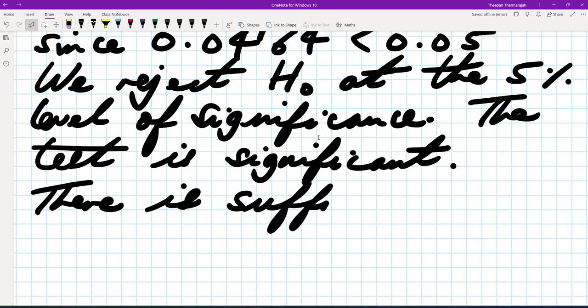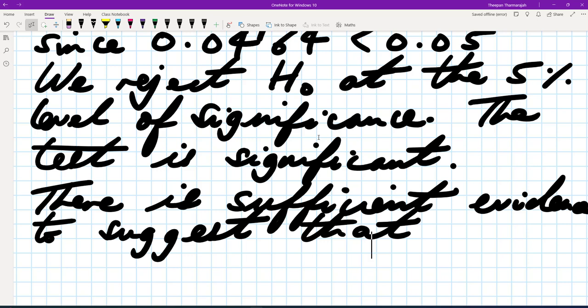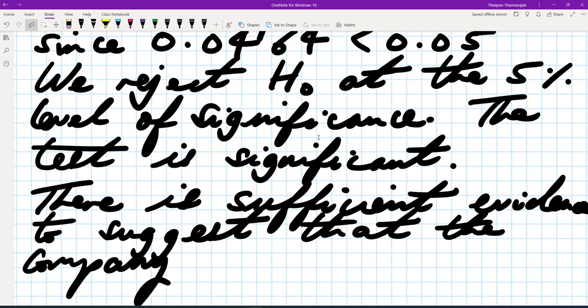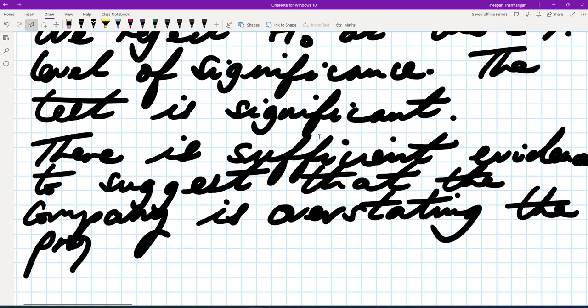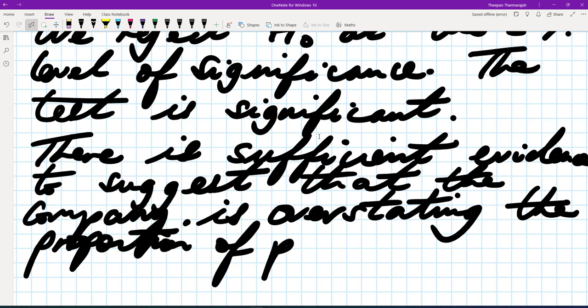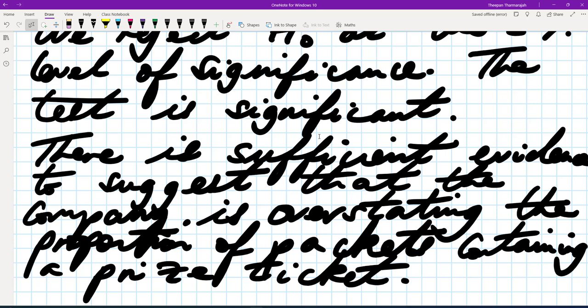There is, exactly in this way, there is sufficient evidence to suggest that the company, and we state exactly what they've written, and it must be verbatim what they've written, the company is overstating the proportion of packets containing a prize ticket. And there we have it. We have our first example.